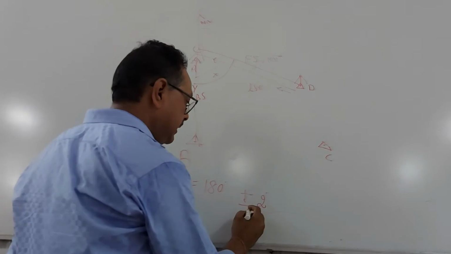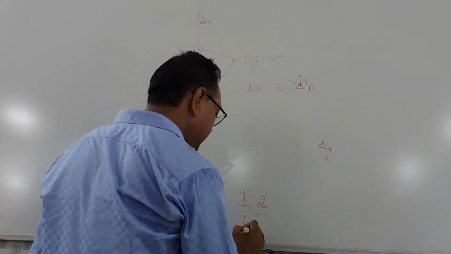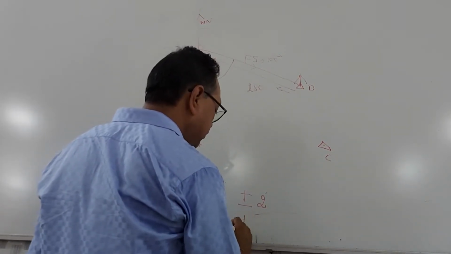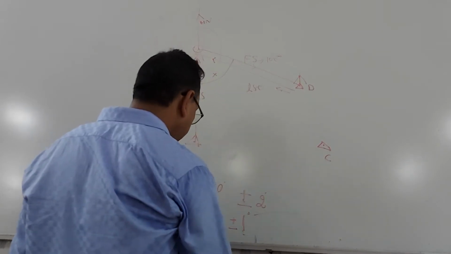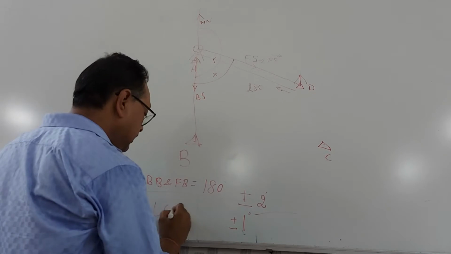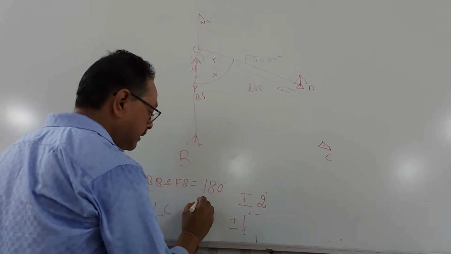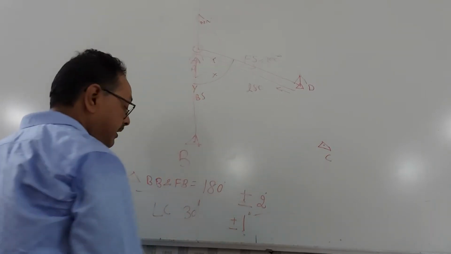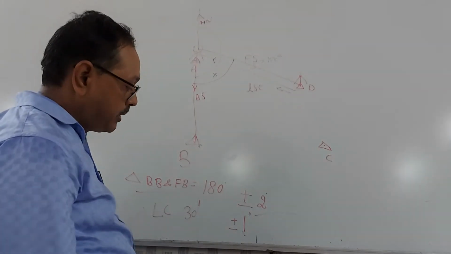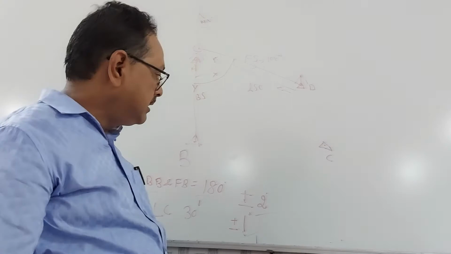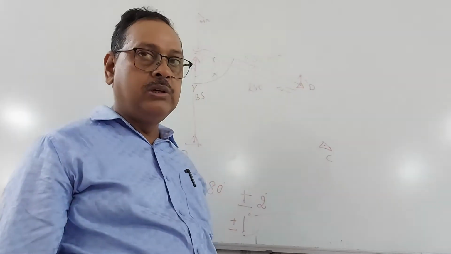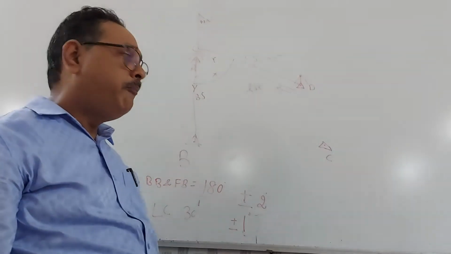For professionals, it should deviate within plus or minus 1 degree, and the least count of this device is 30 minutes. That is called half a degree. So for professionals, the deviation is limited up to 1 degree, and for students, it is extended up to 2 degrees. So don't manipulate it.